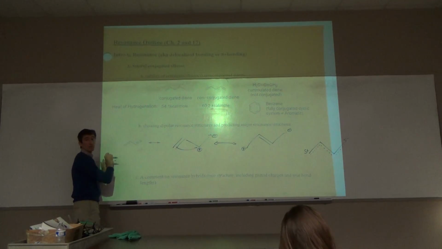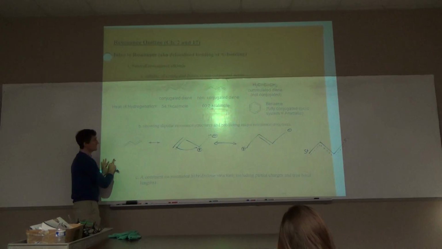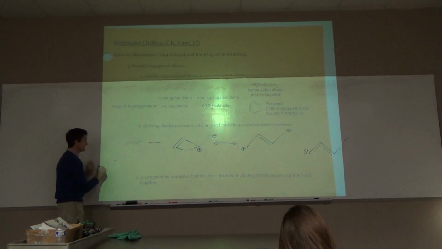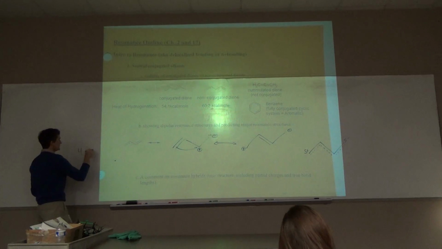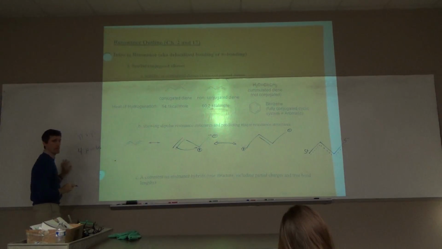We drew it above. 4. 4, right? Thank you. 4. How many pi electrons in the pi system? We have 4 p orbitals. This is your pi system. How many pi electrons in this system? We drew it above. It just doesn't have the methyl here. 8.